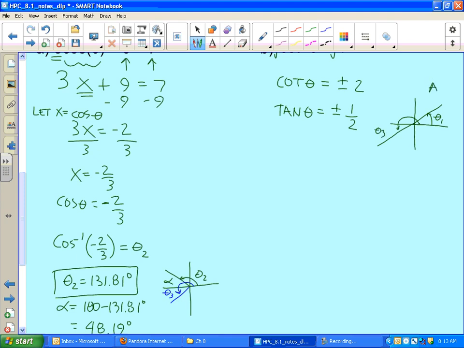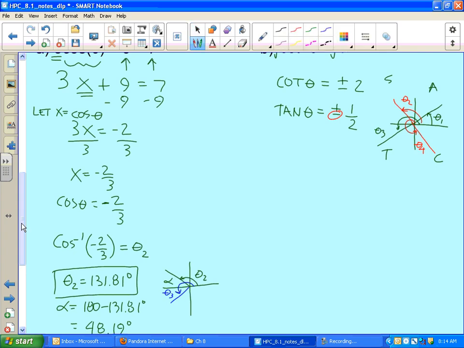Remember, this tells me tangent is positive in quadrants 1 and 3. Where is tangent going to be negative? Because it's a negative 1/2 as well. Well, that happens over here, where theta 2 occurs, and all the way around, theta 4 occurs. So we're going to have 4 answers for this.